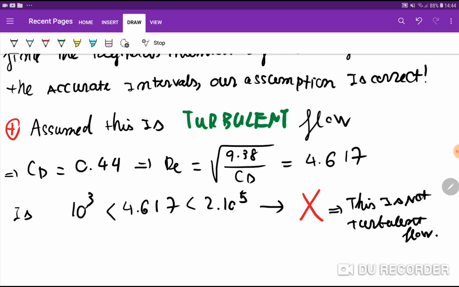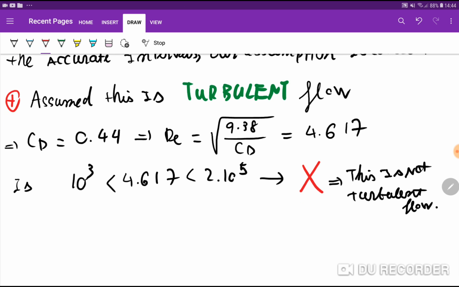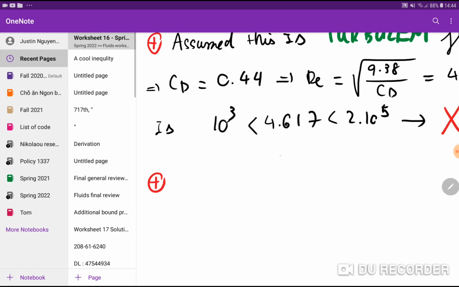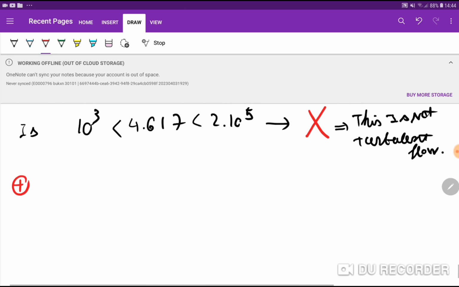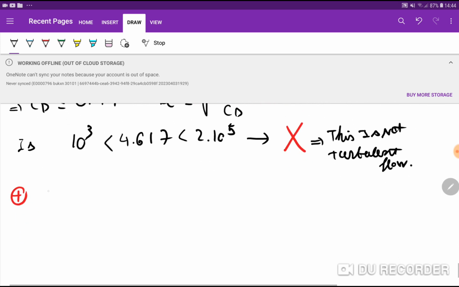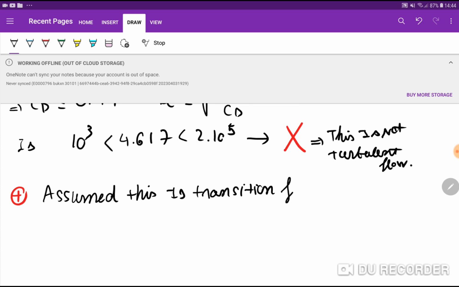Okay? Similarly, I'm going to assume this is transition flow. Okay, my bad. Let me do this.